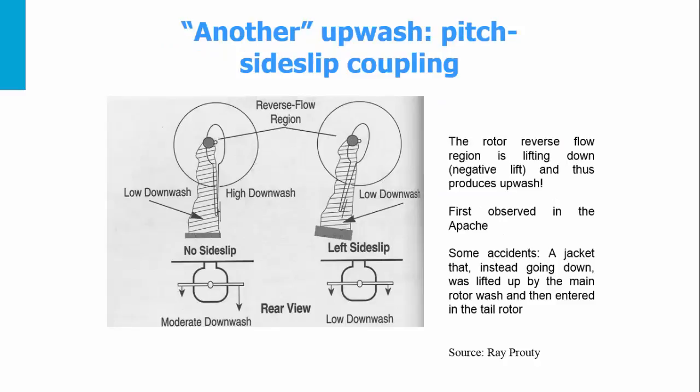Another kind of upwash effect is the so-called pitch side slip coupling. What is this pitch side slip coupling? You see that not only does the upwash create problems, but also the reverse flow region situated in the disc is creating problems. When?